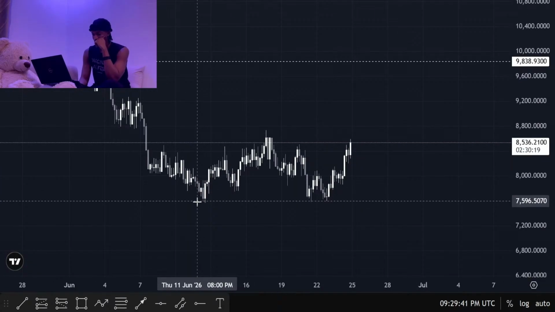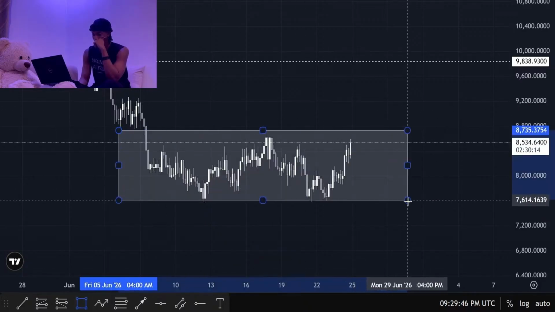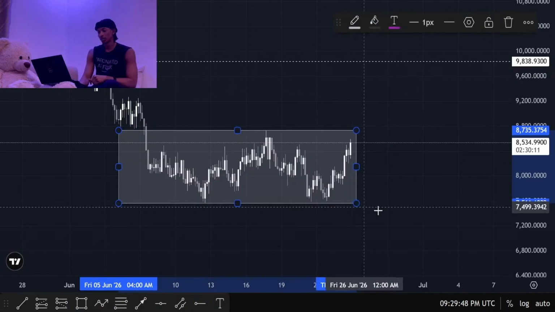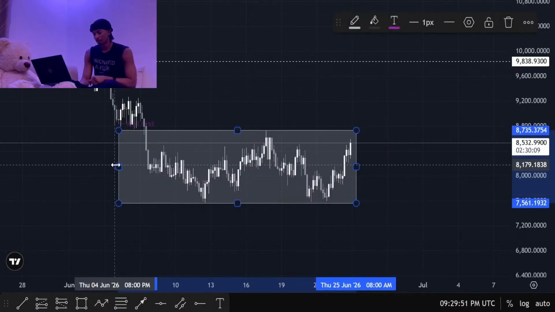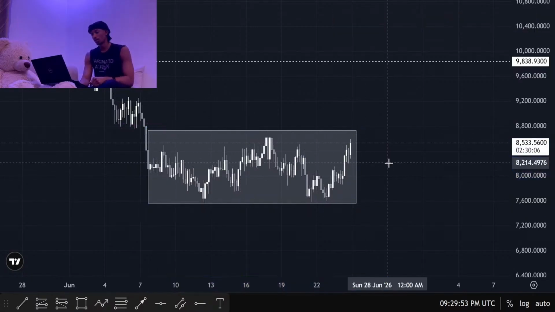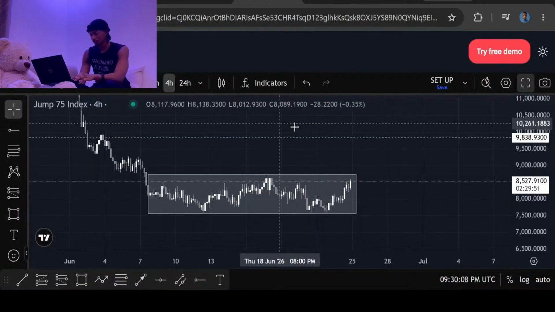So at this point, I can say price is just ranging or consolidating as it would seem, because there's no direction as to where the market wants to go. So it's going to be risky to say you want to trade. I mean, you can try and force a trade on top of that resistance level, but I don't trade consolidations.